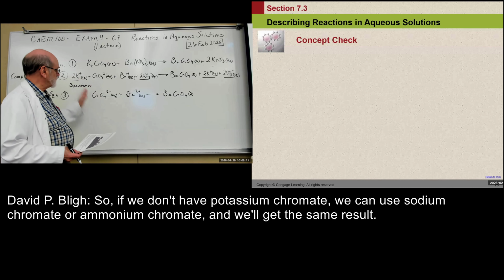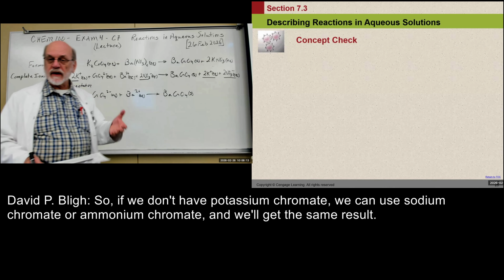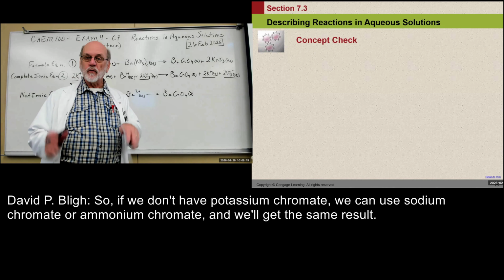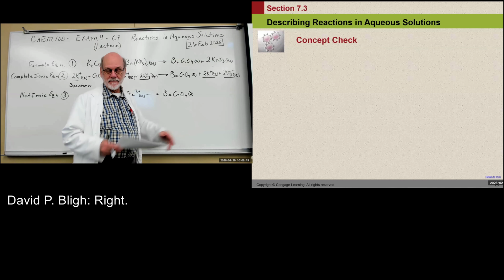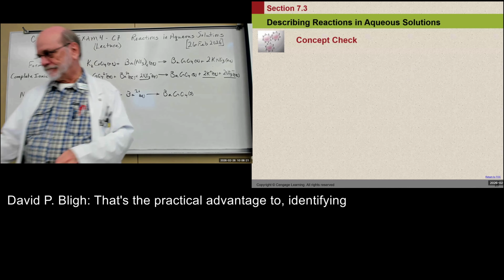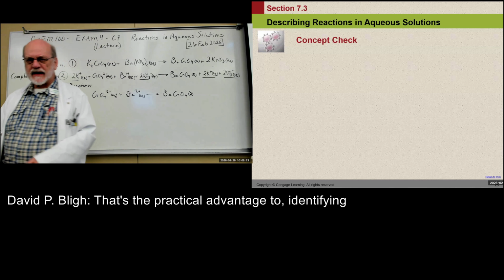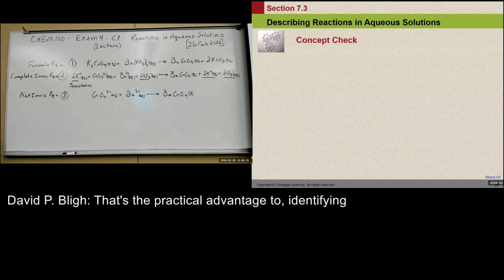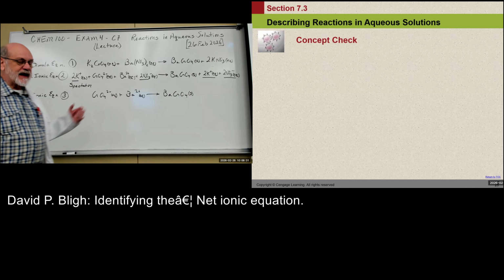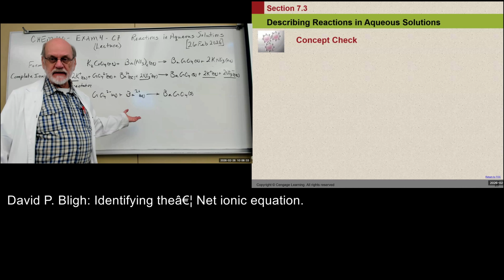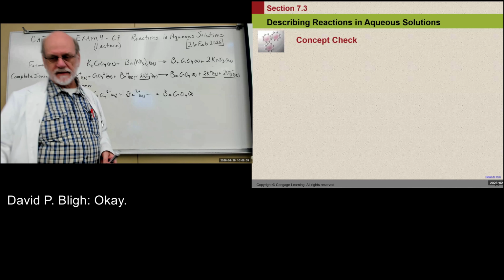So if we don't have potassium chromate, we can use sodium chromate or ammonium chromate, and we'll get the same result right here. Right. That's the practical advantage to identifying the net ionic equation.